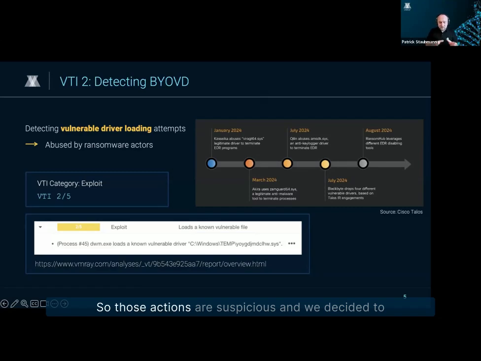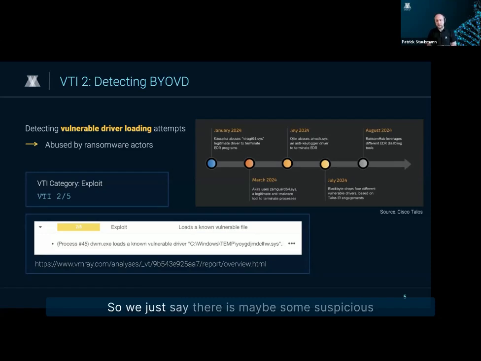Those actions are suspicious, and we decided to go with a 2 out of 5 from the VTI score point of view, because it still can be used in legitimate applications, even though it shouldn't be used, but it still can happen. And considering the whole chain of events, the VMRay platform can provide a proper score if there is something else going on besides just loading this driver, to really end up with a malicious verdict if required.